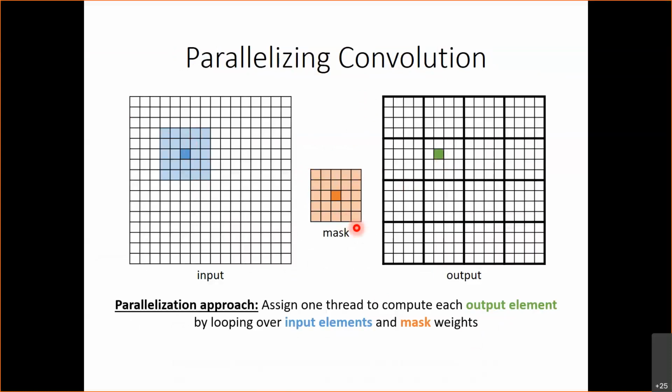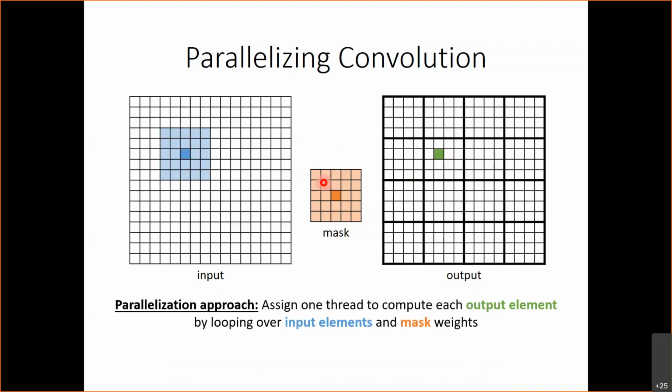But for today, we're going to go with this approach. Okay? Now, this is a straightforward approach, right? Every thread is responsible for an output element, and you just have a loop that goes through your input and your mask. Now, one thing that you might notice here is that this mask is usually small.